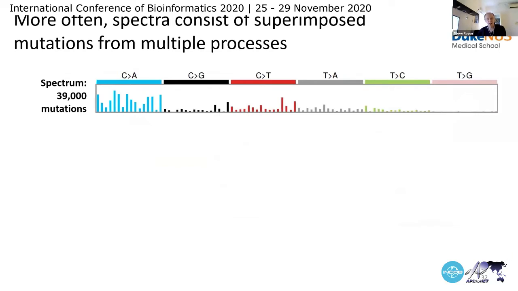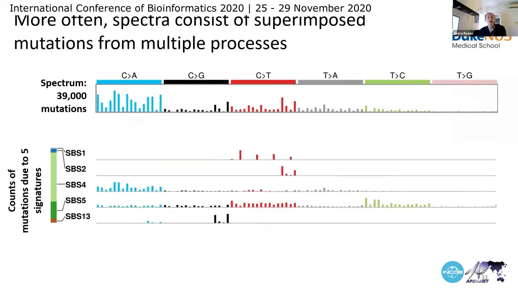But more commonly, spectra consist of superimposed mutations from multiple processes. So this is a lung cancer spectrum, and it's composed of a little bit of SBS1, which are these red peaks, a little bit of SBS2, which are these red peaks, which are different than these red peaks, a lot of SBS4, which we know to be the signature of tobacco exposure in the lungs, and then SBS5, which is a relatively flat signature found in many cancers.